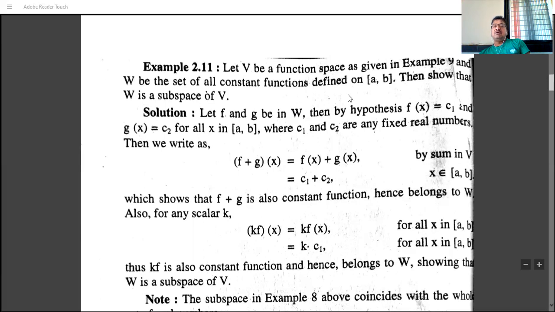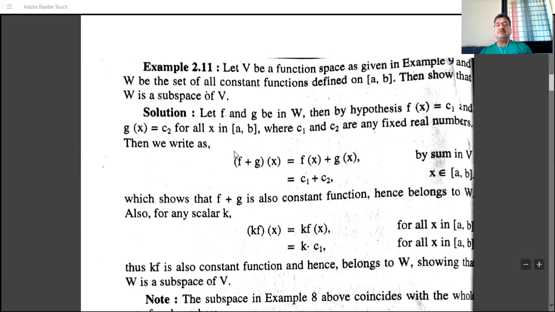F and g in W means f(x) and g(x) are constant for all x, by using the definition of constant function. Now we have to show f + g belongs to W.